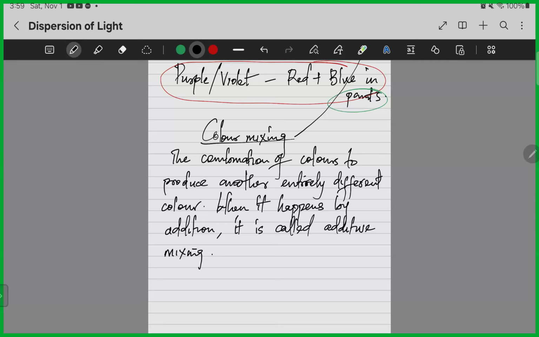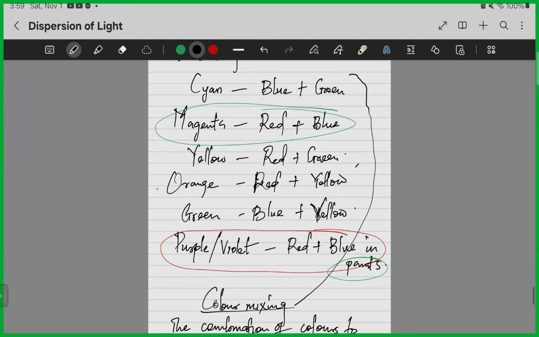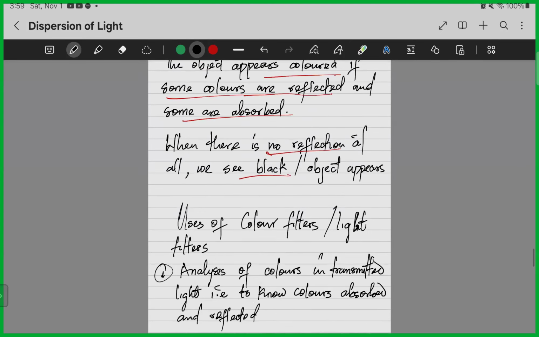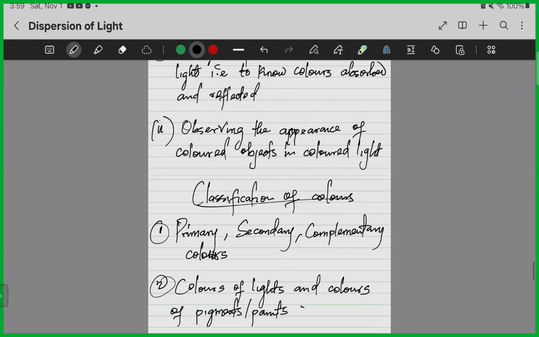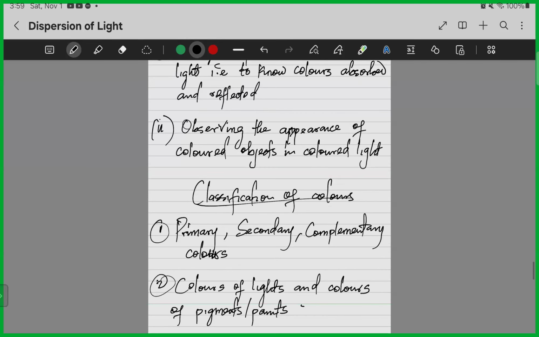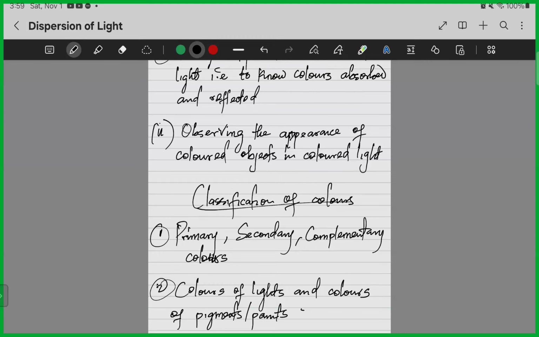So now the idea is the color filters that we mentioned. Let's take note of the fact that it transmits its own color, but absorbs any other color that falls on it.